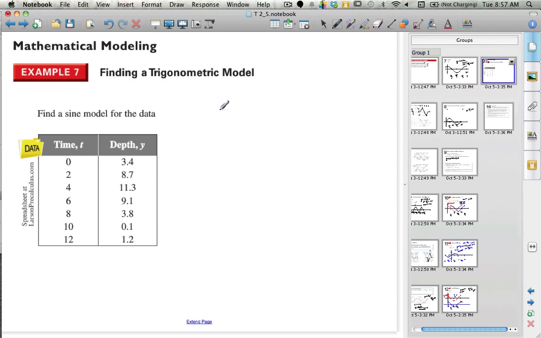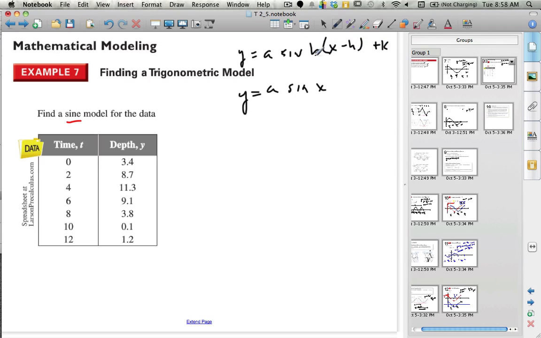When we talk about finding trigonometric models, they've given me some data, some information. If I wanted to find a sine model, and it's a sine model, that's important, how would I go about graphing this? What I want is y equals a times the sine of potentially x, or it might be in the bigger form, y equals a times the sine of b times x minus h, plus k.